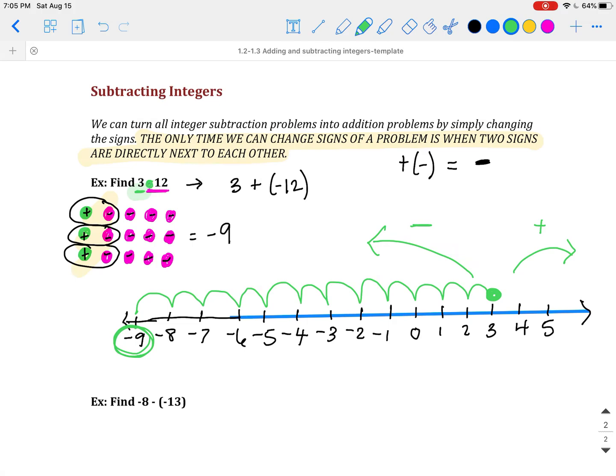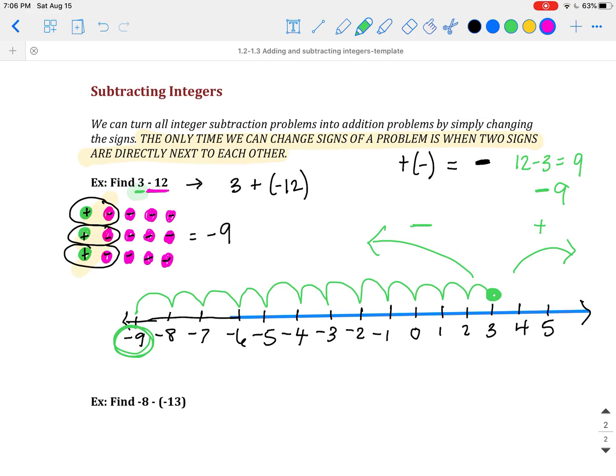That means I would know my answer is going to be negative, since negative 12 is larger. So then I would just do 12 minus 3. And I know that is 9. And then I would apply that negative sign since that sign was larger. And my answer is negative 9.